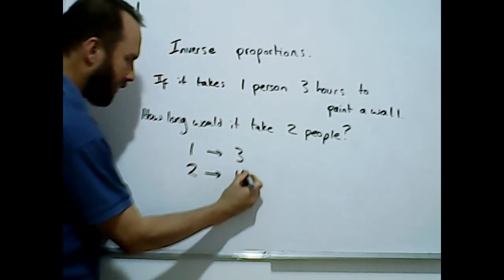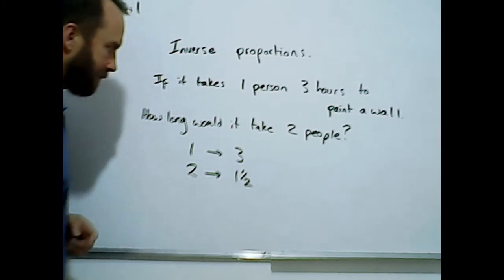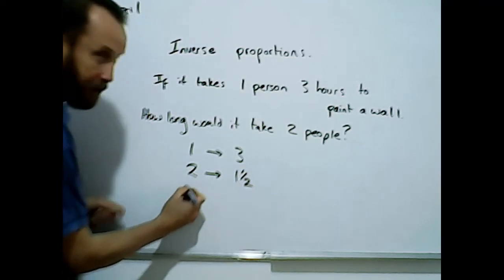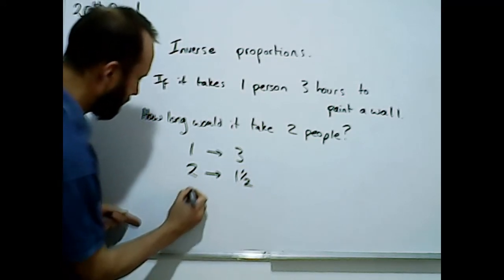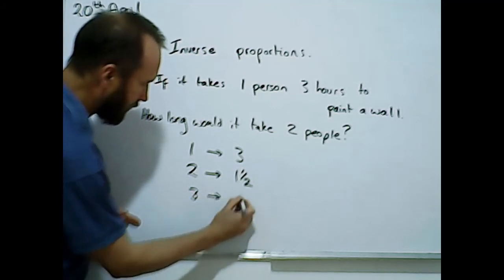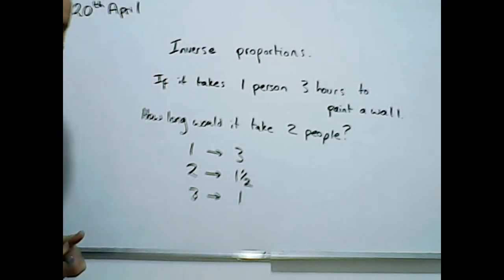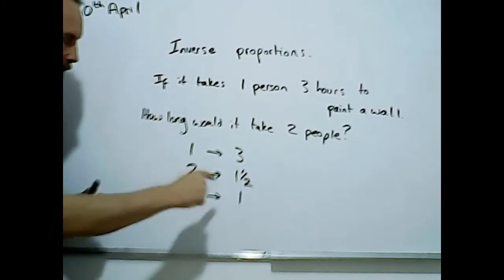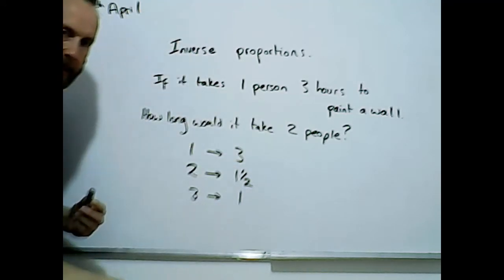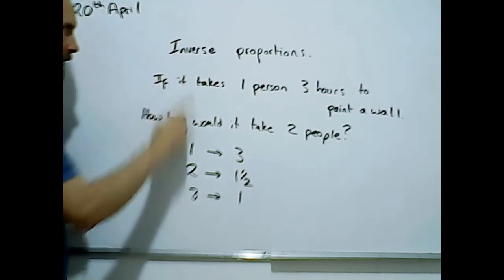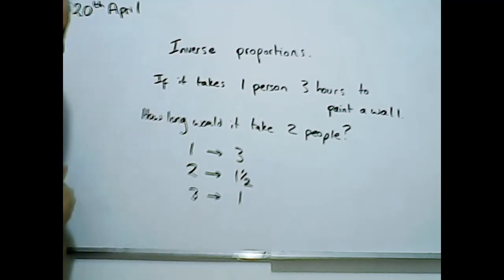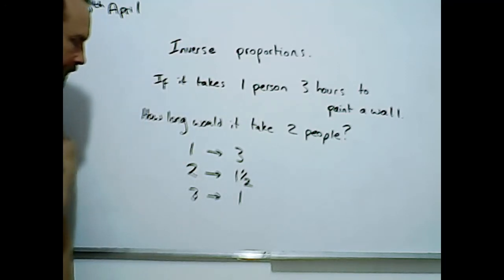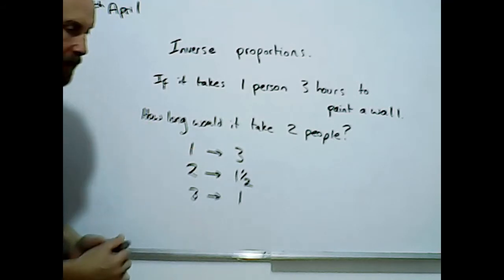They'll only take 1.5 hours. 3 people, presuming they all work the same, will only take 1 hour. So here we've got one side going up, but the other side going down. This is what we call inverse proportions.